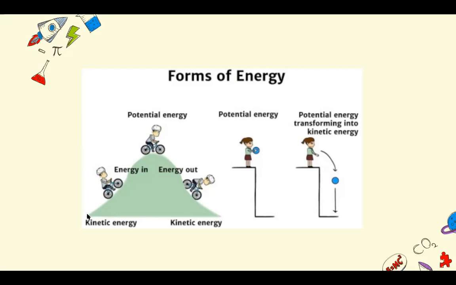Now, when I'm at the bottom and I am not in any position above the surface, so this is the surface, all of my energy is in the form of kinetic energy. As soon as I start moving up the hill, right, and my position is above the surface, so above this reference point, my kinetic energy starts being converted into potential energy.